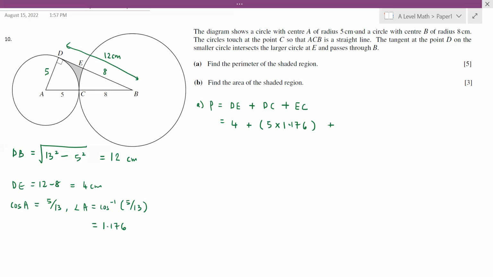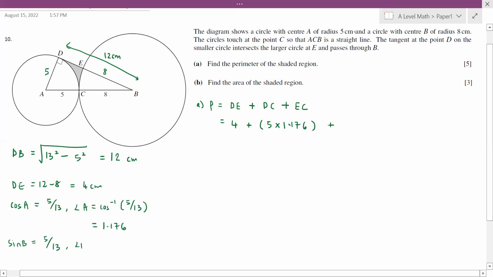So based on this right triangle, we have opposite over the hypotenuse, which is sine. Sine of angle B is the opposite over the hypotenuse. Then angle B is the inverse sine of 5 over 13.